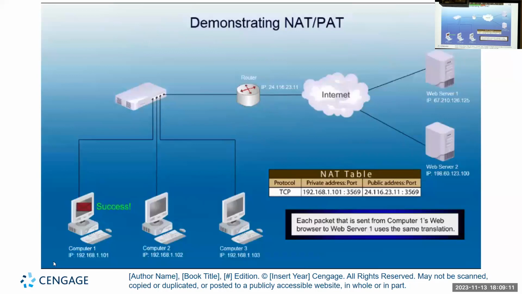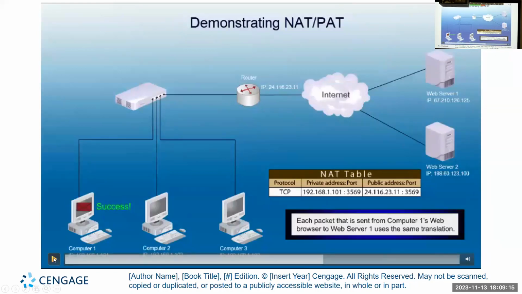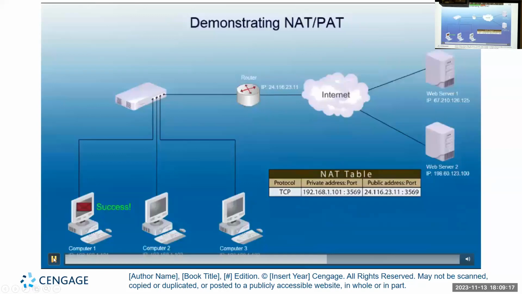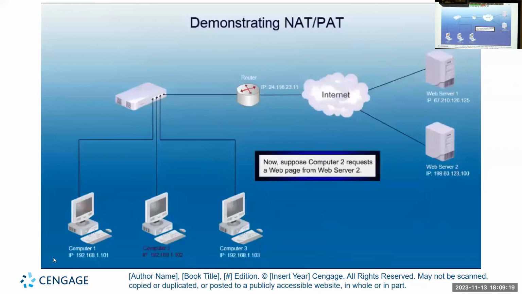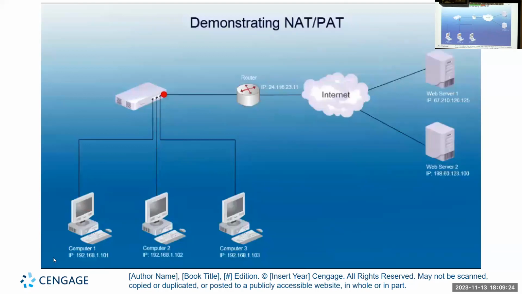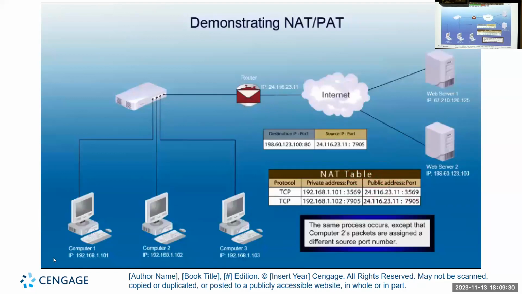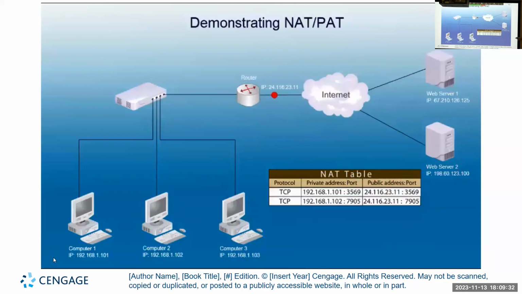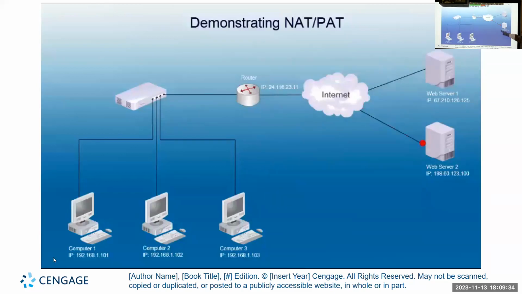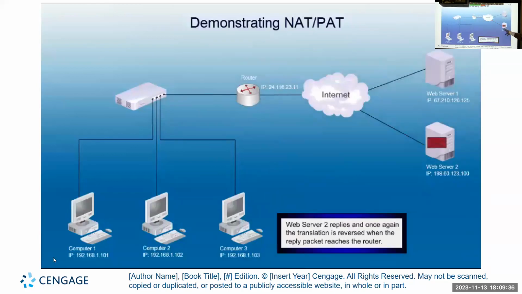And then, as other devices communicate with the outside world, entries are added to the NAT table. So if another computer wants to communicate with some other device, or even the same device, a new entry is created in the NAT table. And the only thing that's different in the public address part is the port number.